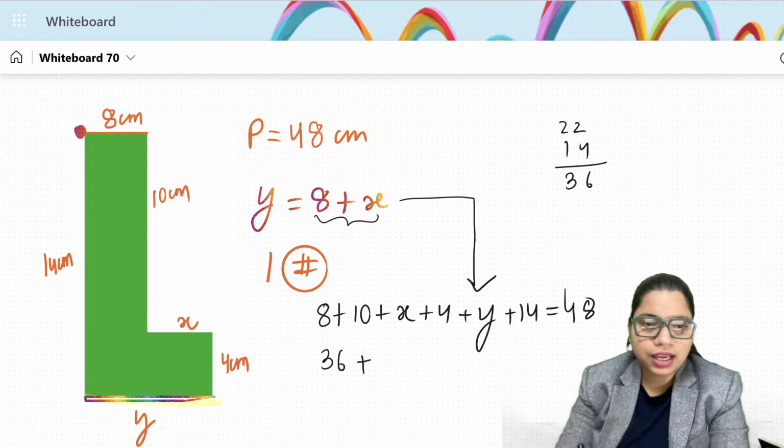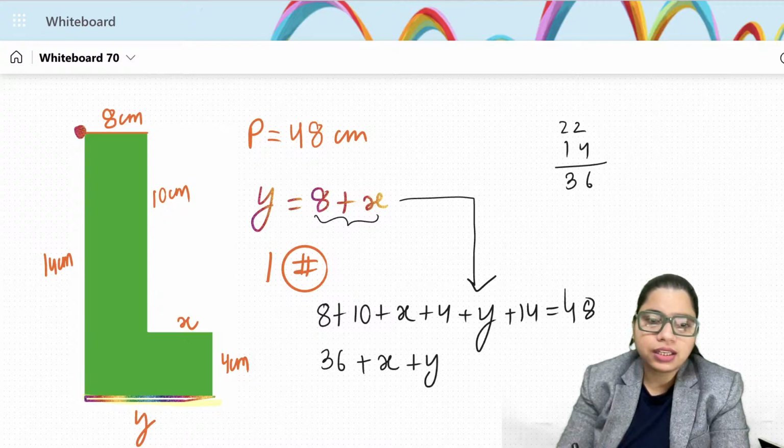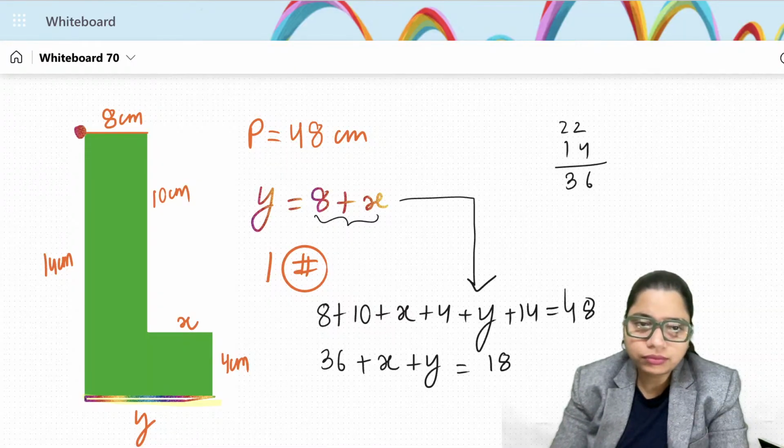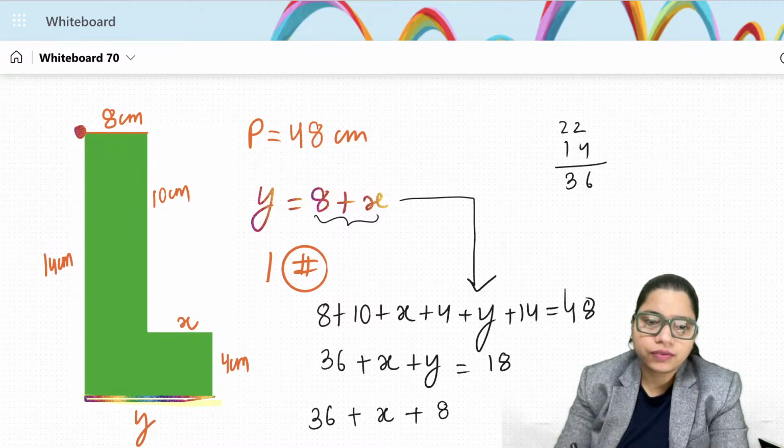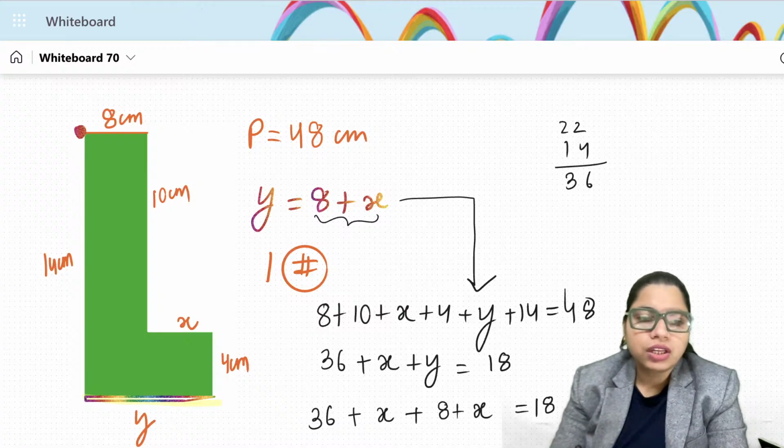So 36 plus x plus y is equal to 48. We are going to be substituting the value of y here, which is 8 plus x.